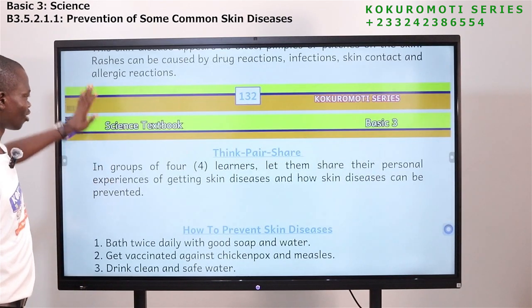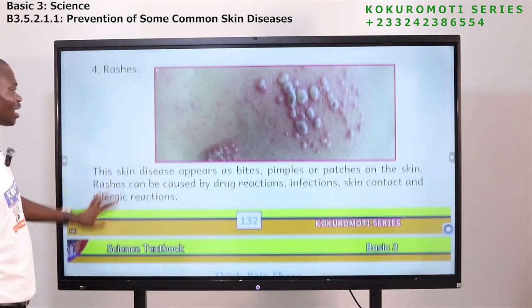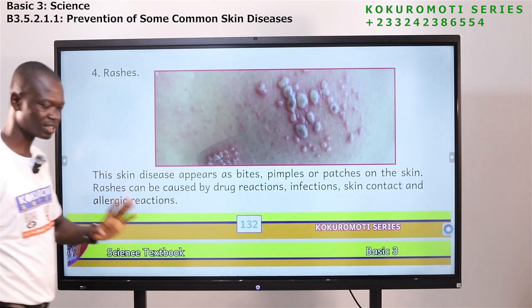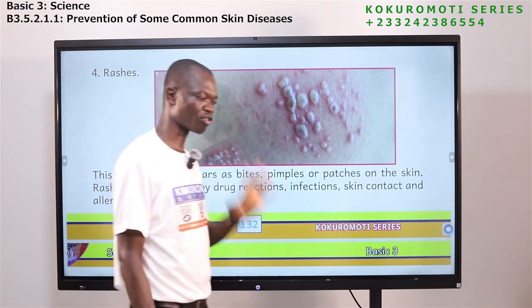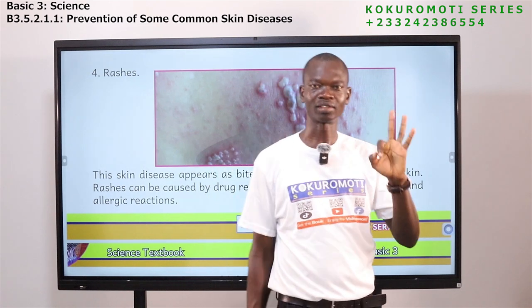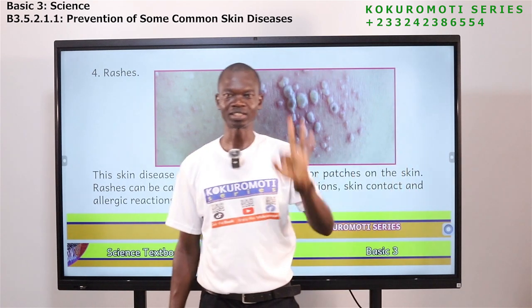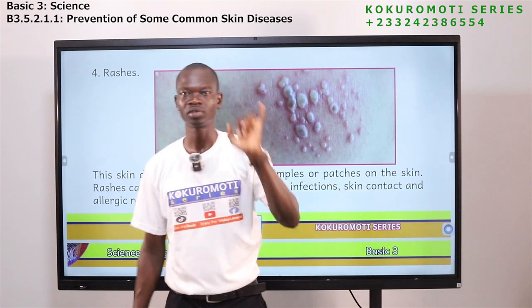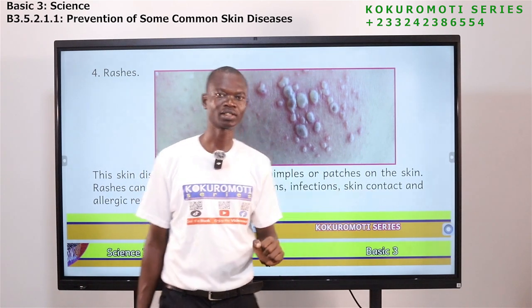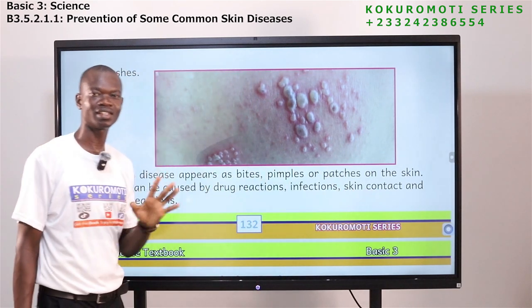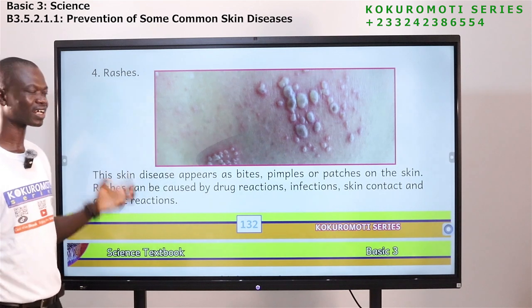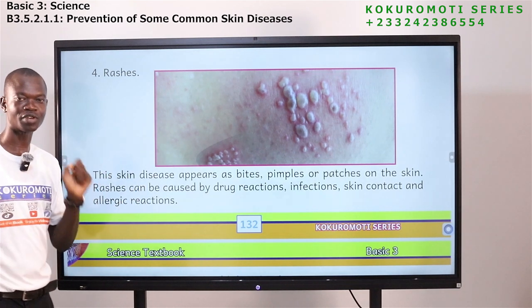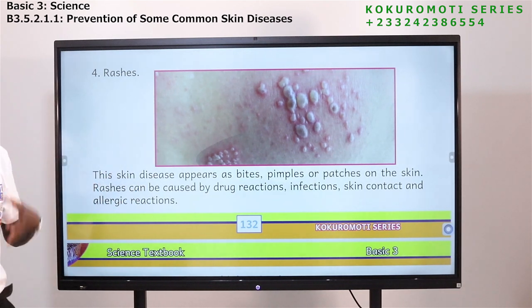The next one, okay, so we have looked at 4 skin diseases. 1, chickenpox. 2, ringworm, measles, and then what? Rashes. So 4 skin diseases. The common ones are the four that we have mentioned. They affect the skin.